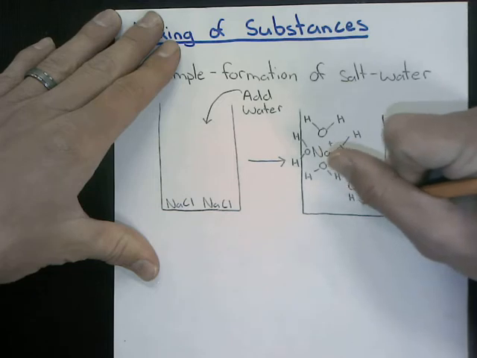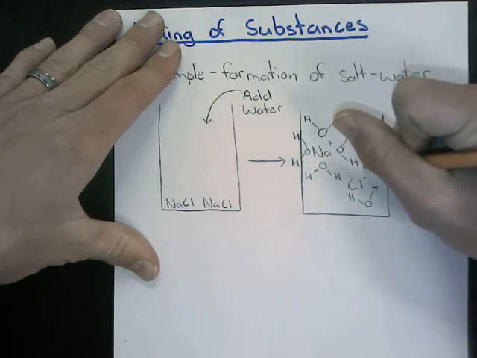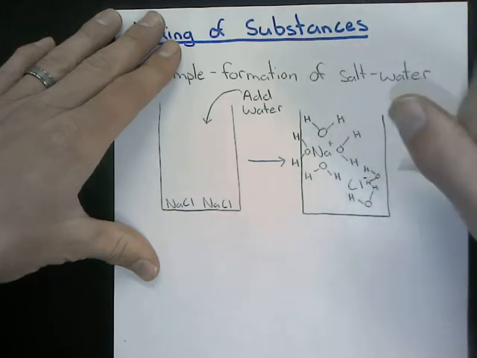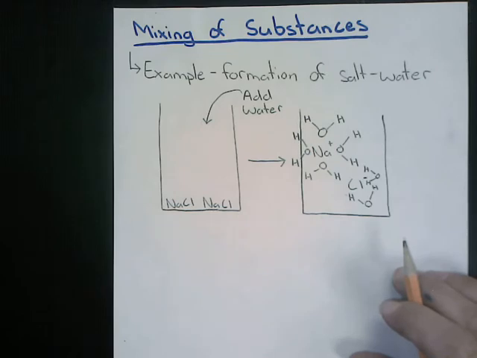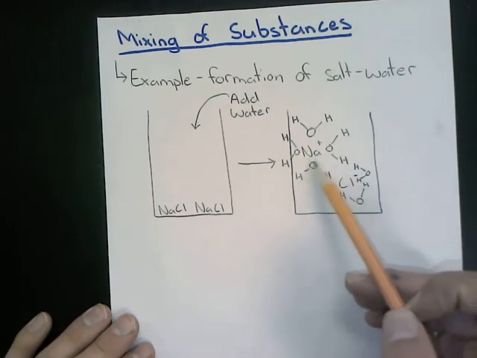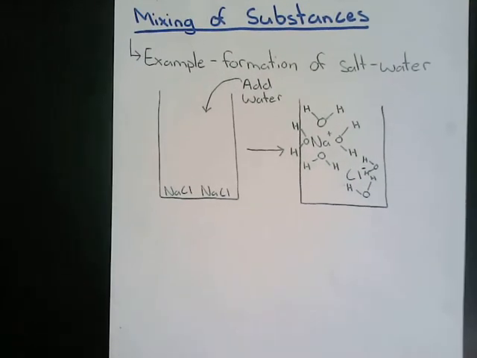I'm going to draw a couple of H's around our Cl. So we have an interaction between the water molecules and the sodium ions and chloride ions to produce this solution.